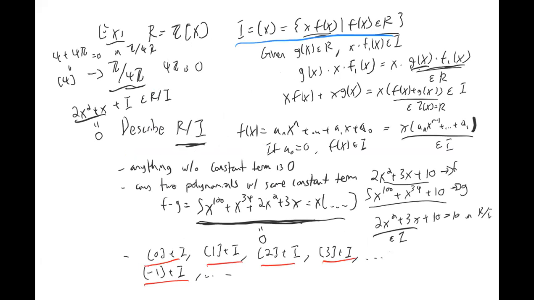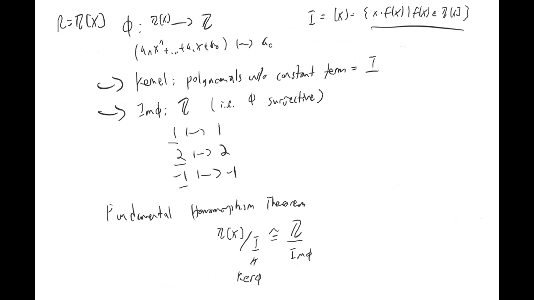So this is by construction, and it is something you should know how to do. But certainly you could also use the fundamental homomorphism theorem to show what R mod I is. Whichever way you prefer. Is everyone clear on this? Yes? No?